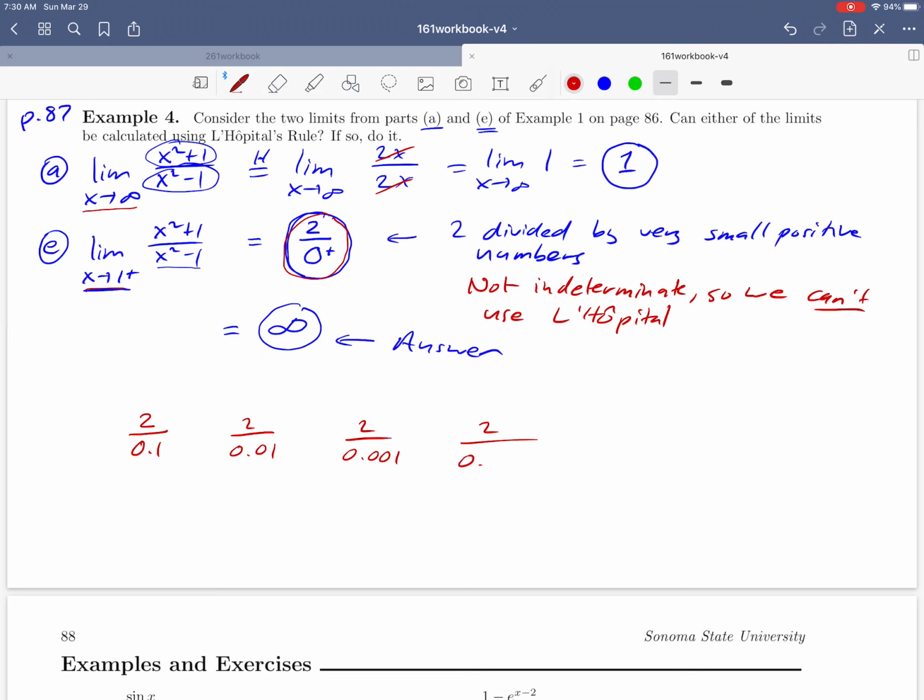If we take 2 and start dividing it by smaller and smaller numbers, maybe 0.1, 0.01, 0.001, and so on, that's really what's going on in this fraction. If you do these calculations, 2 over 0.1 is 20, then 200, then 2,000, then 20,000, and you can see that these numbers are indeed approaching infinity. And that's what we're saying.